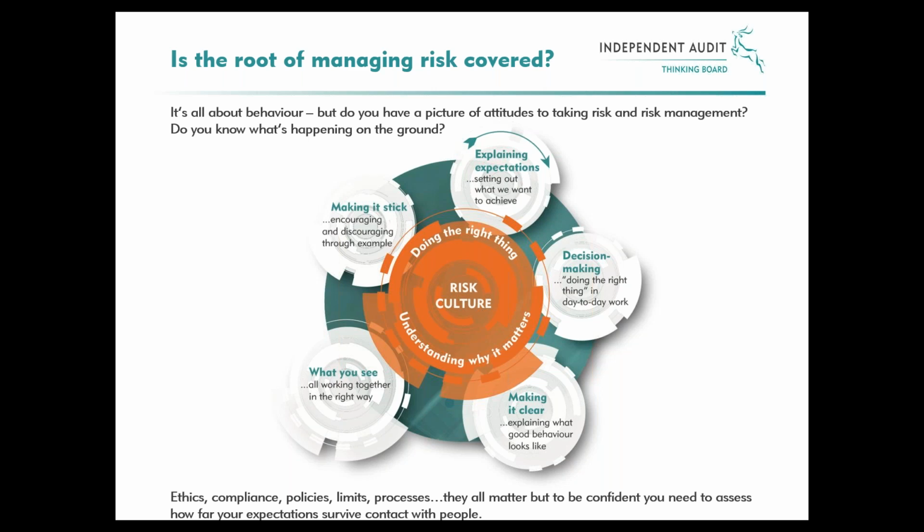So the question is, if you want people to behave in a particular way in relation to risk, are you actually helping them understand your expectations, how much risk you want them to take, what you want their attitude towards risk management, risk taking, behaviors? Have they understood what you really want to see from them and what you want to achieve? So the starting point is actually to ask people, do you really understand what our expectations are? How well do we communicate them?